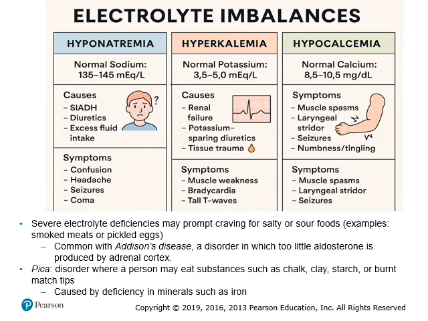Pica, P-I-C-A, is a disorder where a person may eat substances such as chalk, clay, starch, or burnt match tips. This is caused by a deficiency in minerals such as iron. That is really bad. I have never known a person with a pica disorder yet.